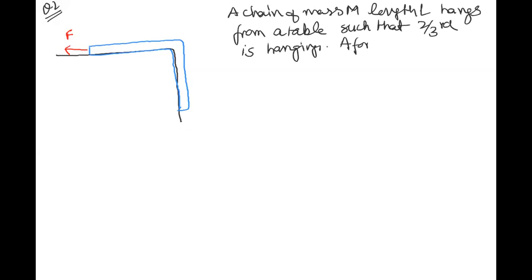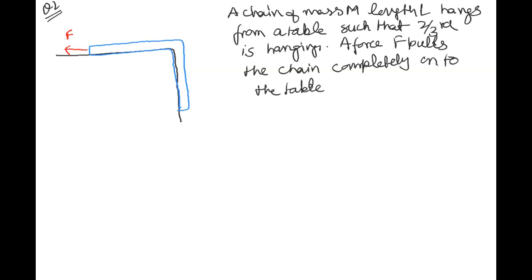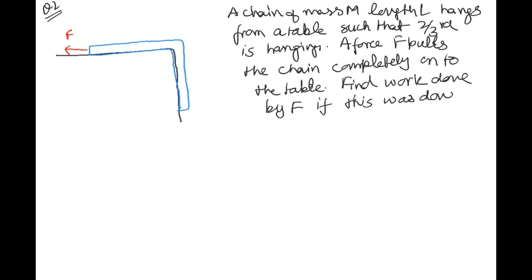A force F pulls the chain completely onto the table. Find the work done by F if this was done slowly.